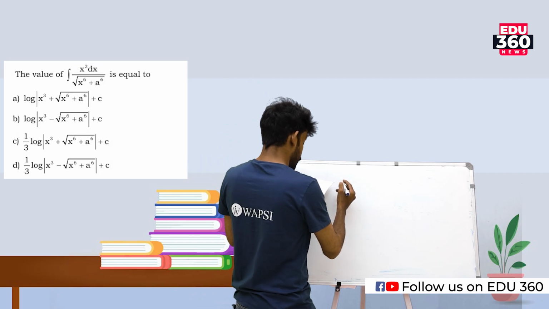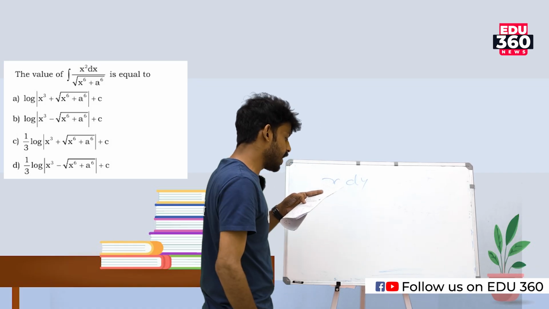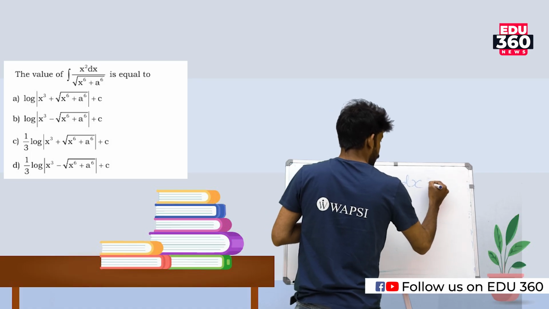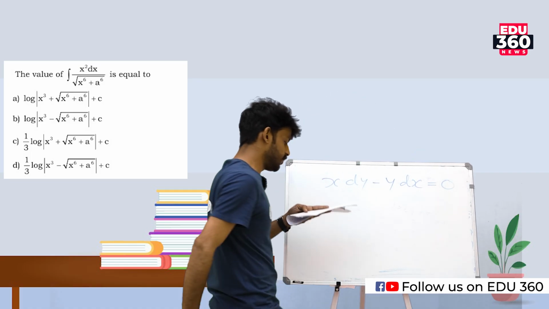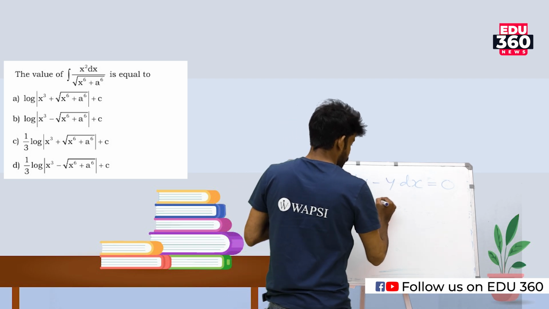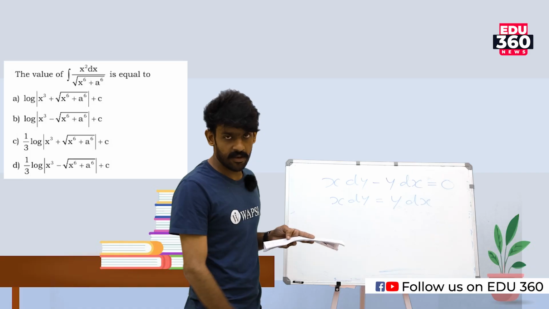Okay, so we can write x dy minus y dx is equal to 0. From this we can write x dy is equal to y dx.